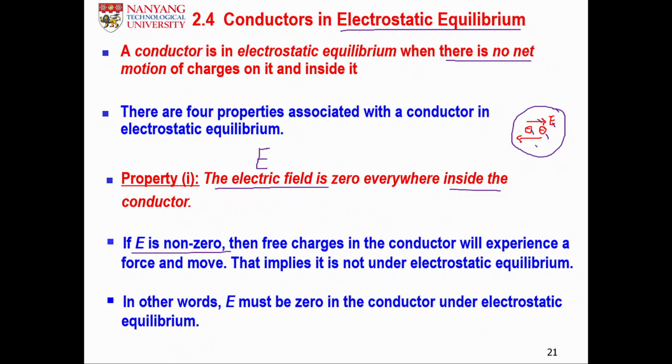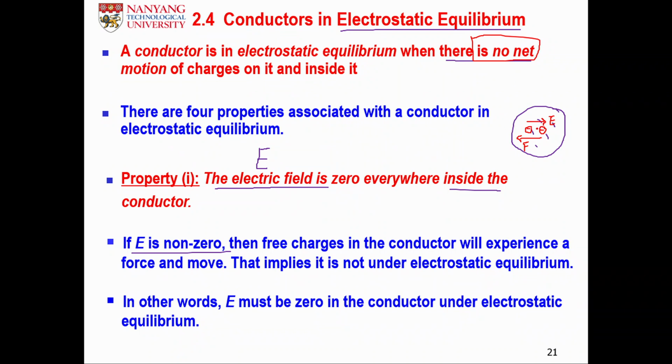And if there is a net force on those electrons, then all of them are going to move in the same direction, right? If all of the electrons encounter an electrical force in the same direction, then all of them are going to move along the same direction. Then it's not the so-called no net charge motion.